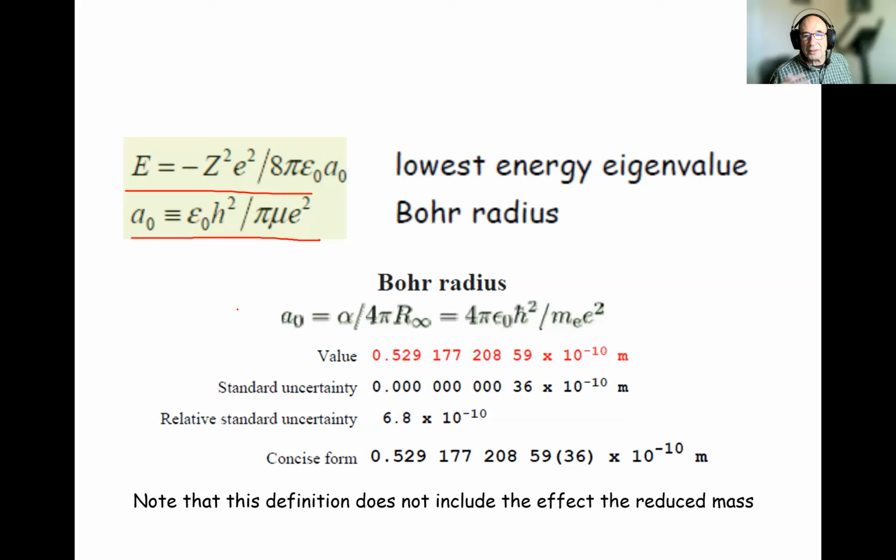So the fact that you are, say, 6 foot high is determined by the fact that we have this combination of fundamental constants here, which is called the Bohr radius, and it has a certain value, right? So it has this value here, which is 0.529 times 10 to the minus 10 meters. And so that determines the scale, right?